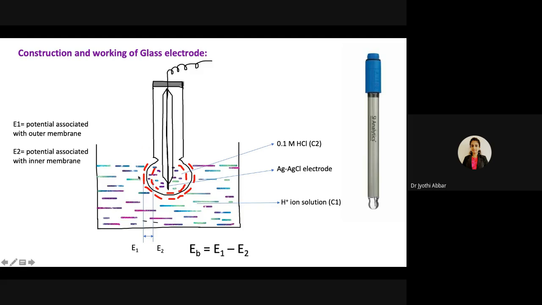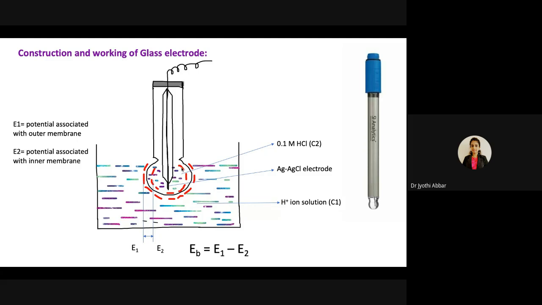So this glass membrane is responsible for the exchange of ions. As it is very sensitive to H plus ions of the acidic solution, this electrode is usually used for measuring the pH of the given experimental solution.